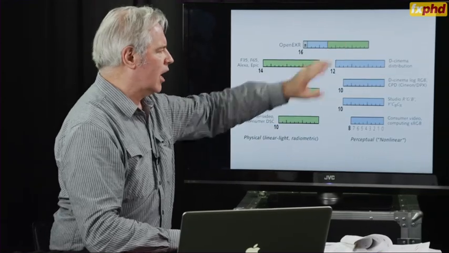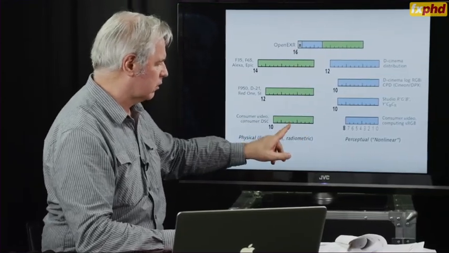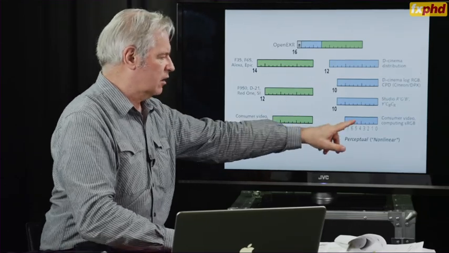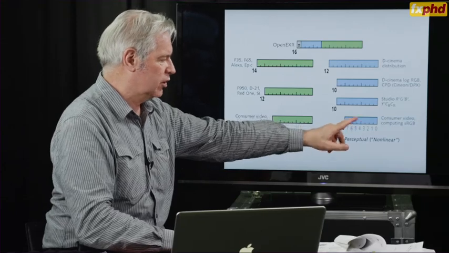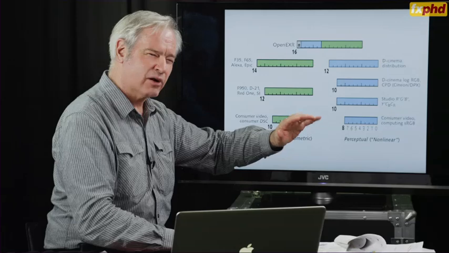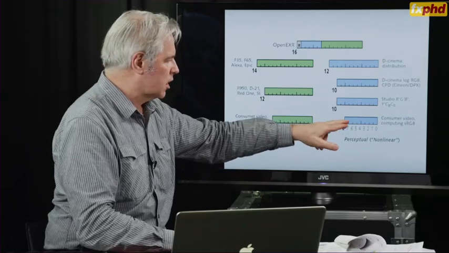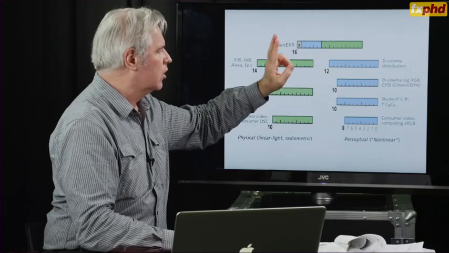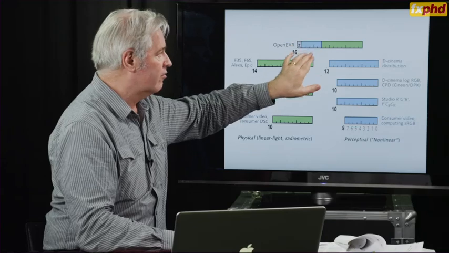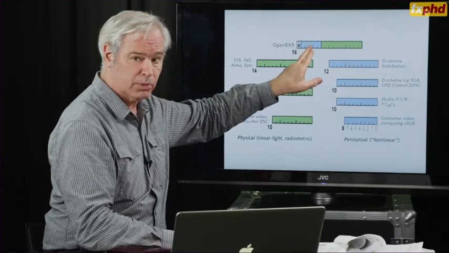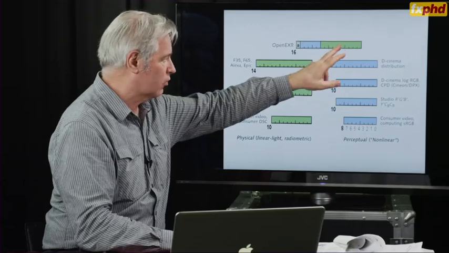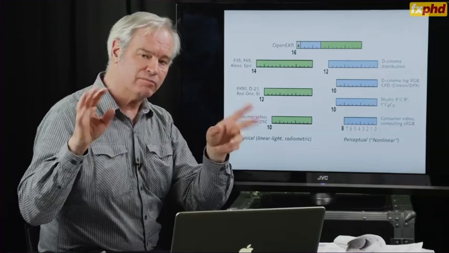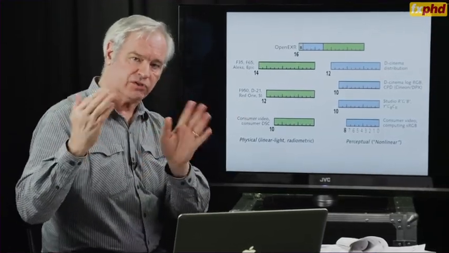And in this coding, I've color-coded the physical linear light components to be green and the perceptually coded, nonlinear, very roughly logarithmic components to be blue. And so I show OpenEXR to have blue 5 bits corresponding to the exponent and green 10 bits corresponding to the linear light fraction. So really, it's the best of both worlds in perceptual and physical encoding.